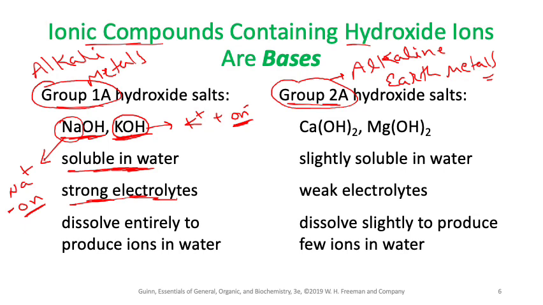Those solutions that have freely available ions, right? And the other characteristic is that they dissolve entirely to produce ions in water, because this is a strong electrolyte, and strong electrolyte means whatever ions you have in that particular ionic compound, everything is going to get separated into product form, right?